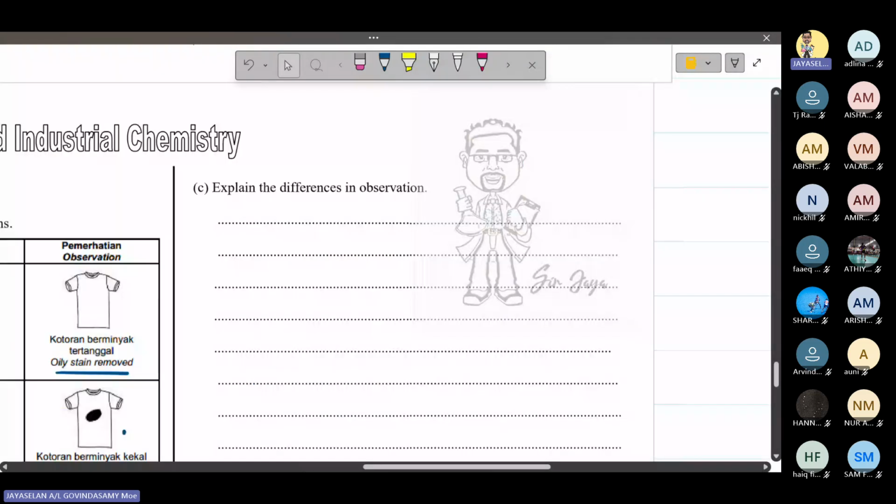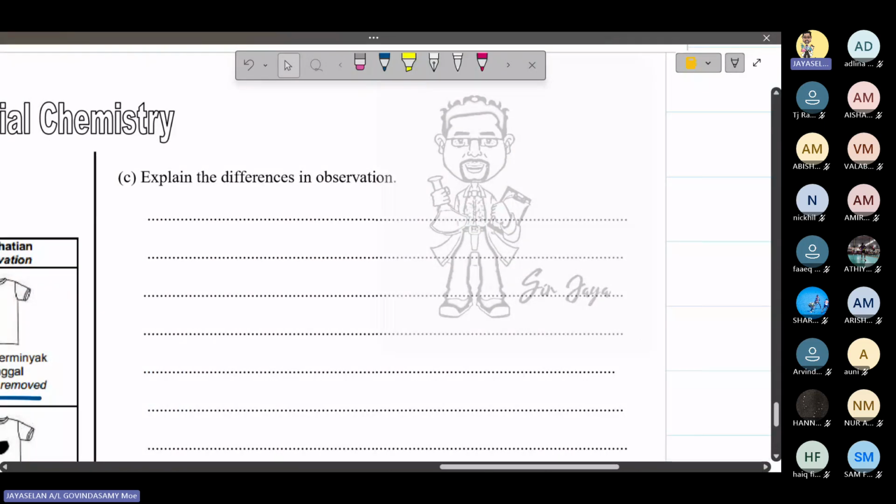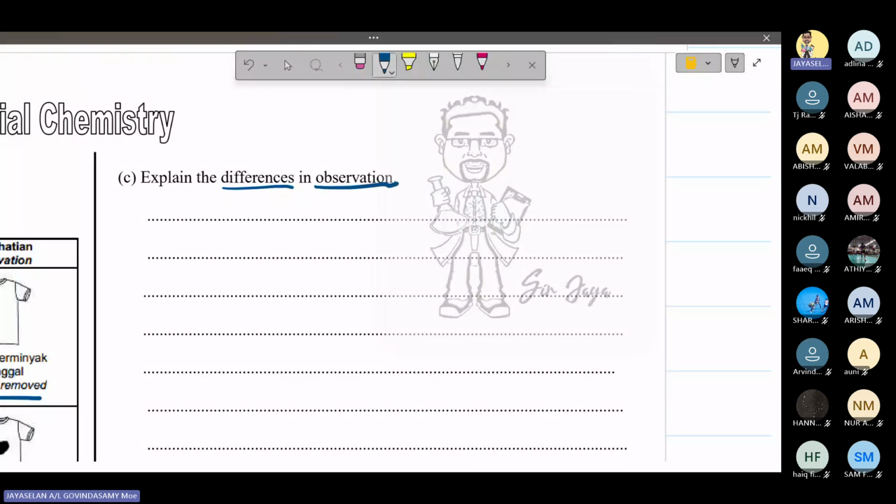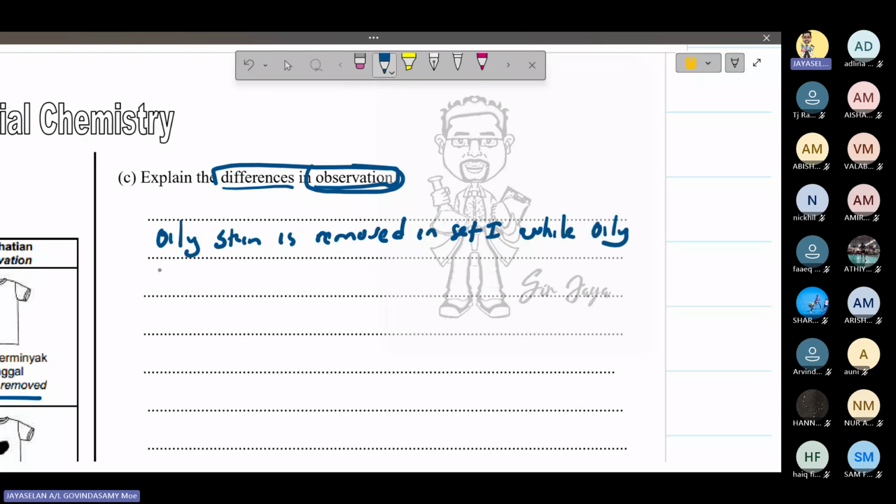Now they ask what? Explain the differences in the observation. So first you explain the observation. The oily stain is removed in set 1, while the oily stain remains in set 2.